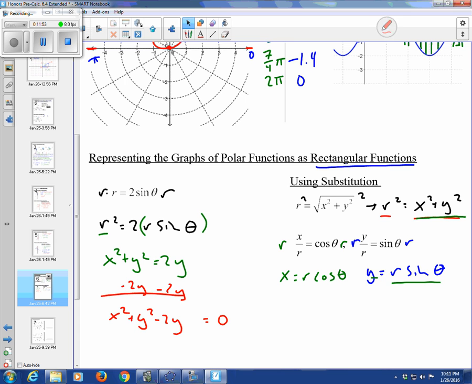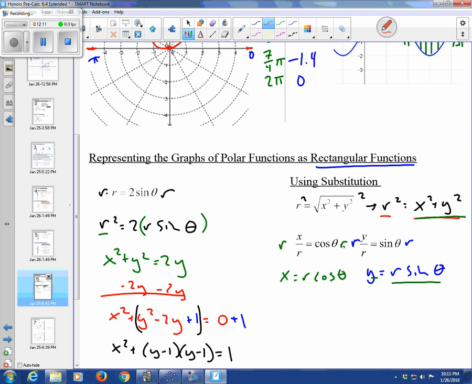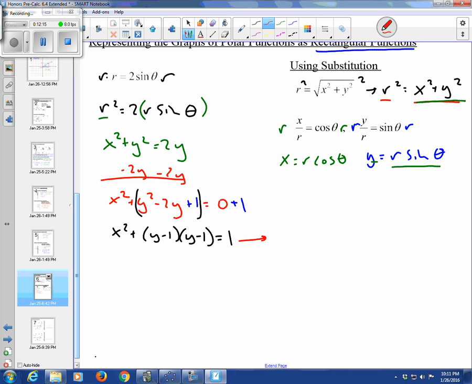And then if we add 1 to both sides, we can factor y squared minus 2y plus 1 and get x squared plus (y minus 1) times (y minus 1) equals 1. Now what we have is x squared plus (y minus 1) squared equals 1.